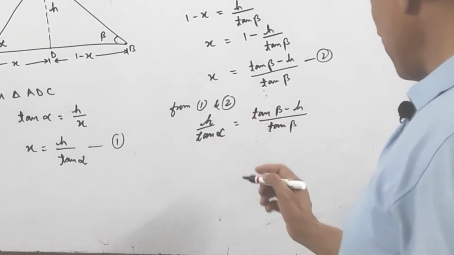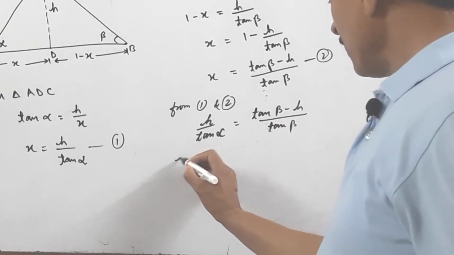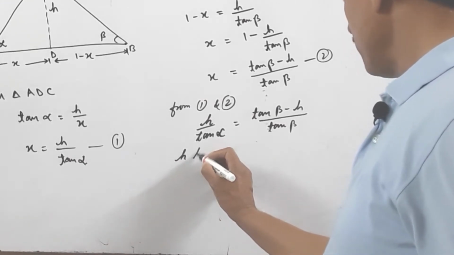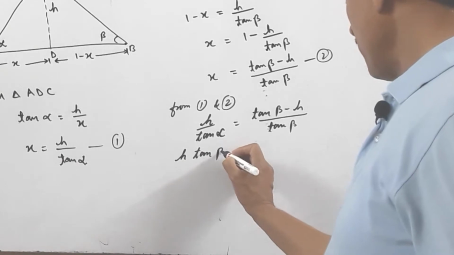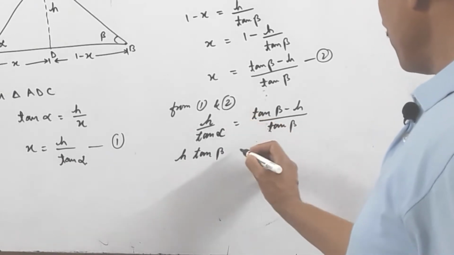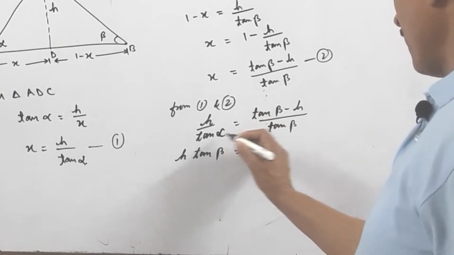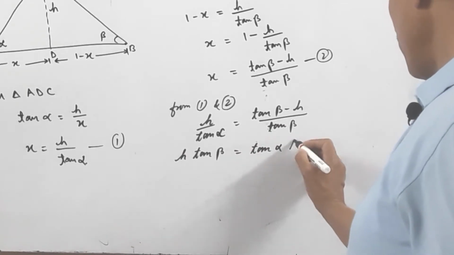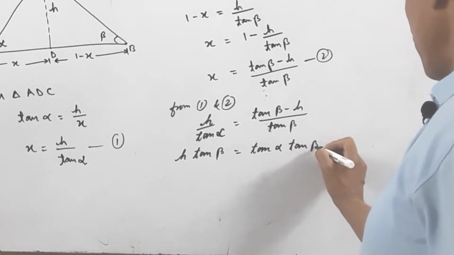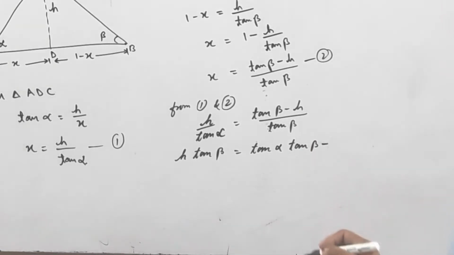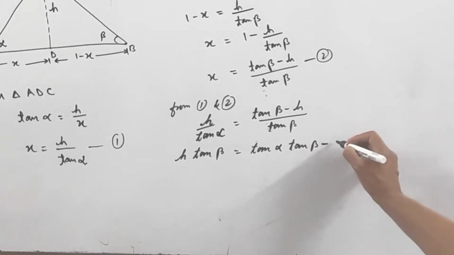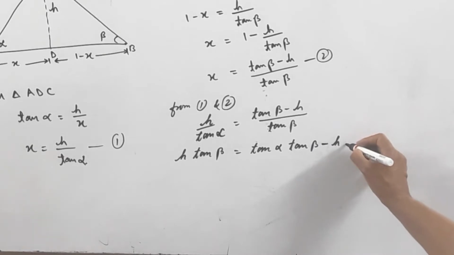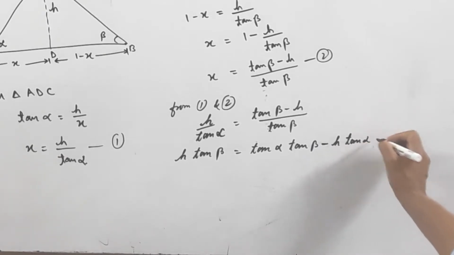Now cross multiplication. So h tan beta is equal to tan alpha minus h tan alpha.